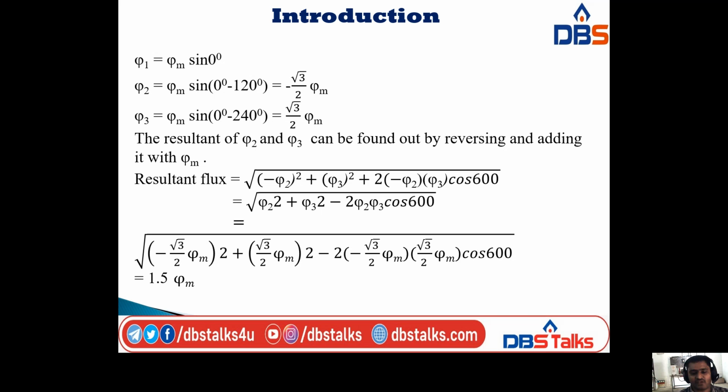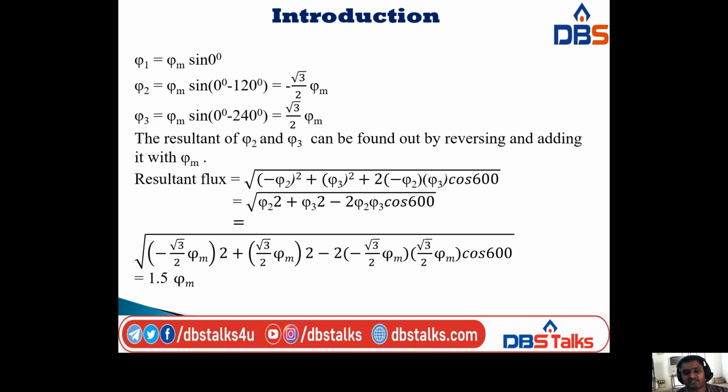We have the phi 2 and phi 3 values; please substitute those values into this formula. So we have root of minus root 3 by 2 into phi m whole square plus root 3 by 2 into phi m whole square, minus 2 into minus root 3 by 2 into phi m into root 3 by 2 into phi m, into cos 60 degrees.